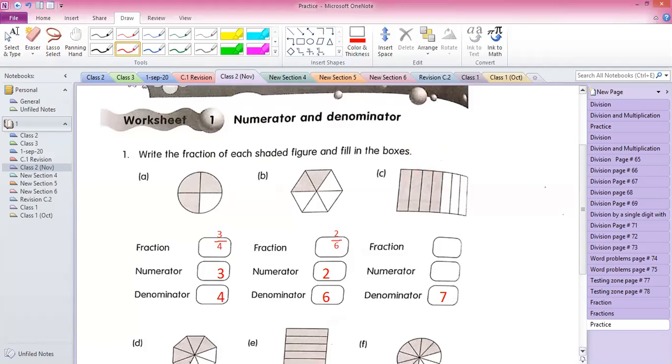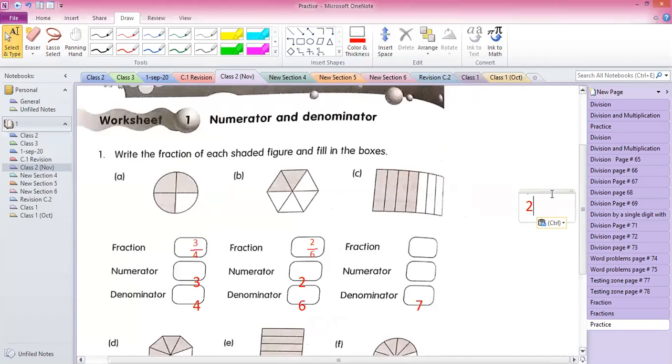So you will write here 4. The numerator is 4. This is your answer.